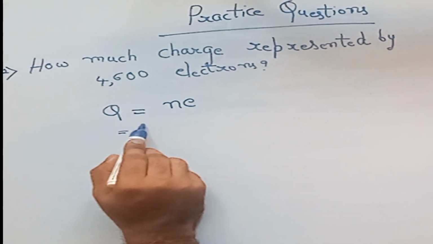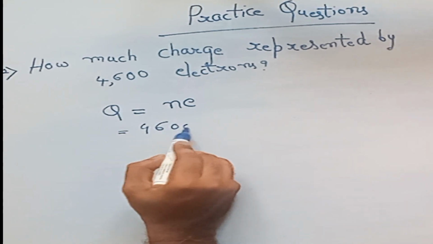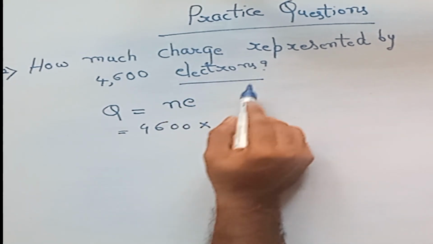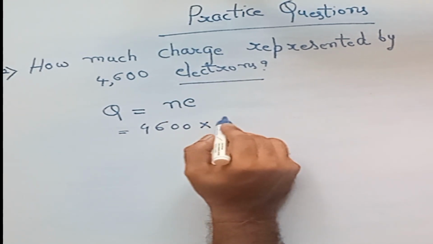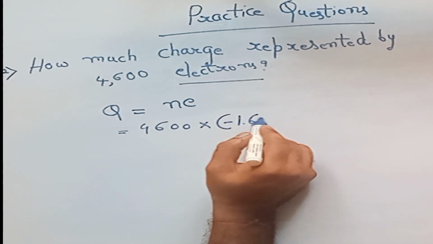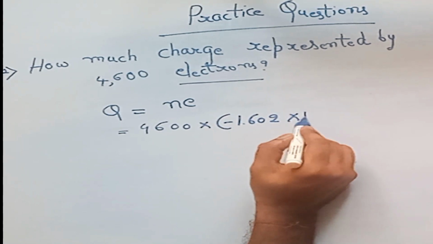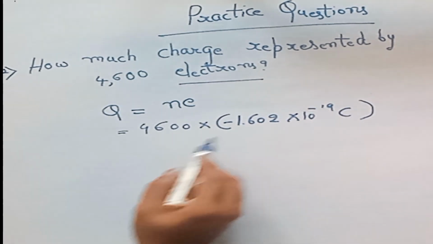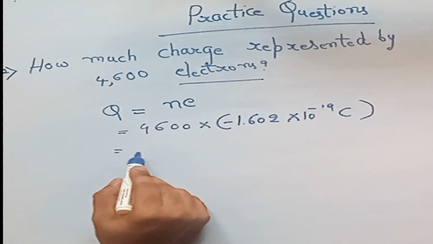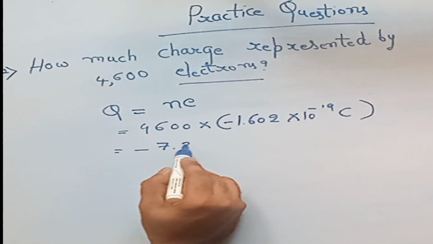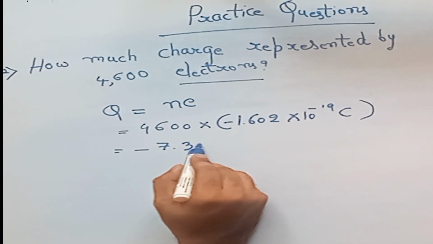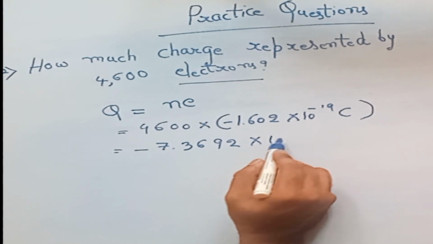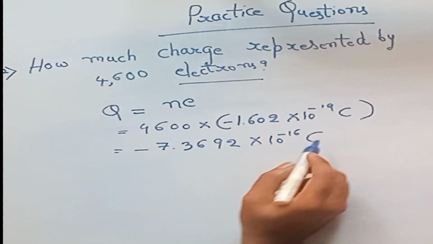Given 4,600, the charge on one electron is minus 1.602 into 10 to the power minus 19 coulomb. So it becomes minus 7.3692 into 10 to the power minus 16 coulomb.